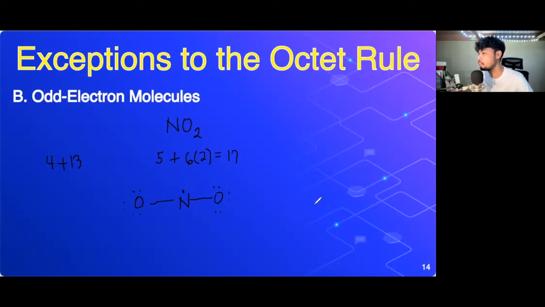Another possible structure for the nitrogen dioxide molecule is this. Now, we are going to choose which of the two Lewis structures of nitrogen dioxide is a more plausible structure by comparing their formal charges.